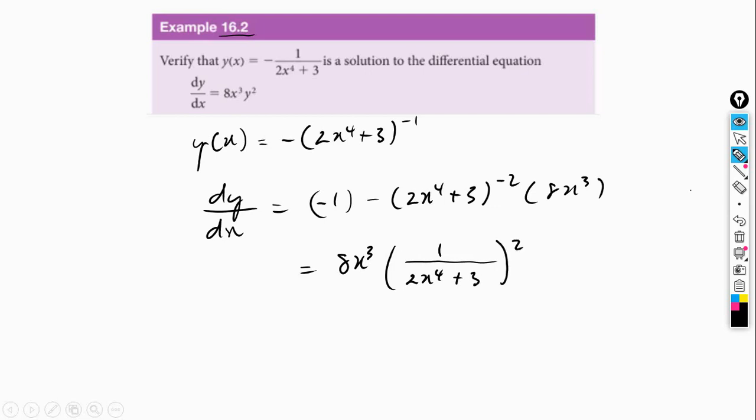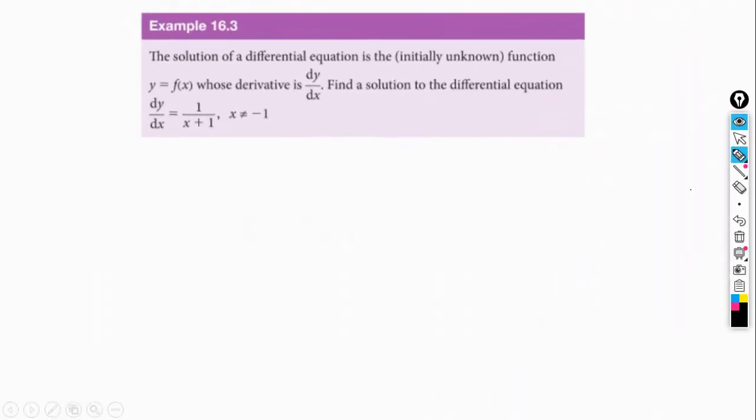Now notice that because this is squared, and although this will be positive from negative 1 multiplying the minus sign here, it doesn't really matter because it's squared, so we can just put a negative here and it would be a solution. Notice that this is the same as saying 8x cubed times y squared. So we continue with example 16.3.